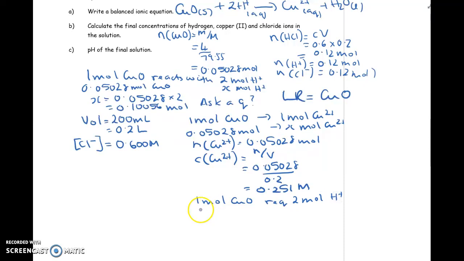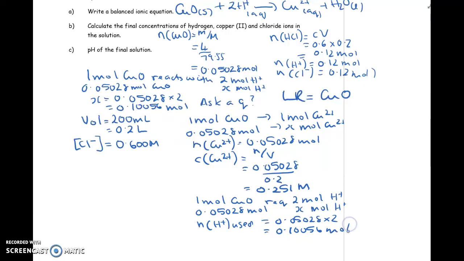So if we used 0.05028 moles, this is going to require X moles of hydrogen ions, and the number of moles of hydrogen ions used will equal 0.05028 times 2, which is 0.10056 moles. Now you notice that way back in my pick and choose method I already calculated that, so I could have just used the previous answer.